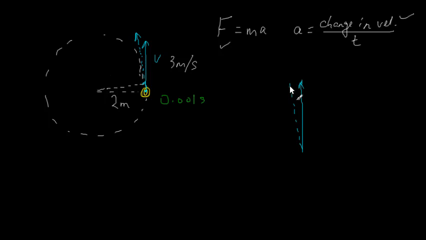So that's my initial vector and my final vector. And using this subtraction law for vectors, the difference between these two vectors is the arrow joining the first tip to the final tip. It's this arrow here.